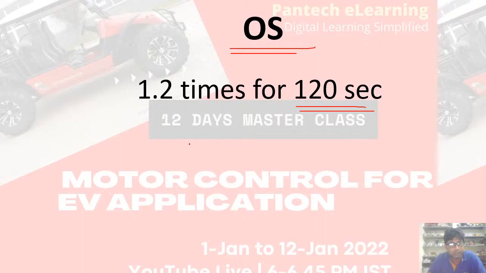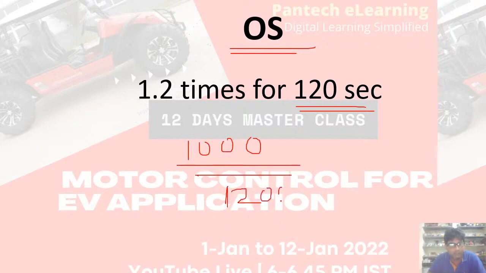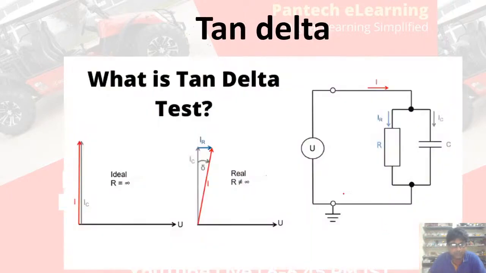Say my machine rated RPM is 1000. Then I should operate the machine at 1200 RPM for 2 minutes, and after that the machine should be checked again for any abnormality, whether it can withstand it or not. This is called the overspeed test.